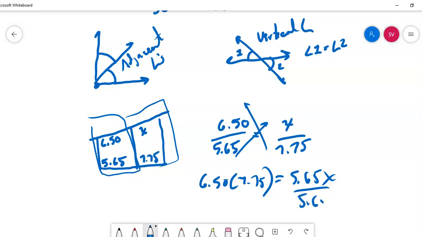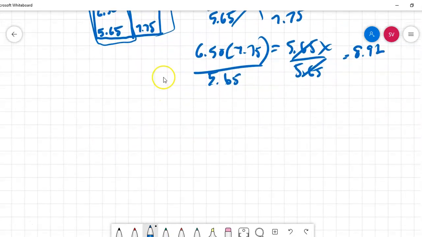If you divide by 5.65 on each side, that will give me about 8.92. So that's what this similar side is. And that is how you work out a problem just like that. We'll do one more.